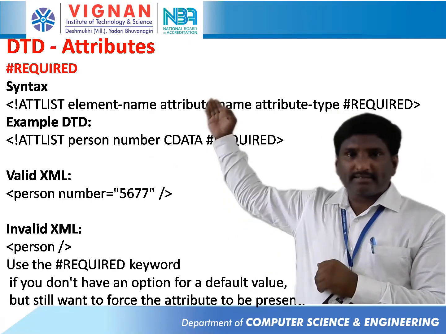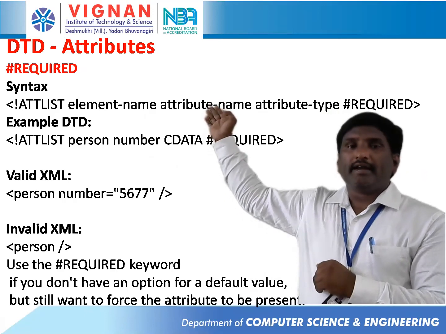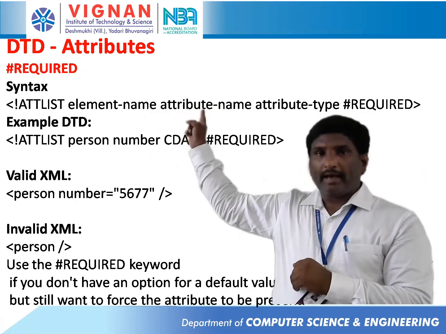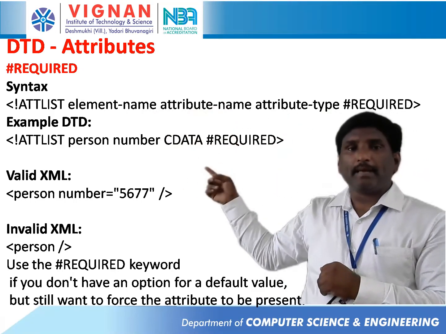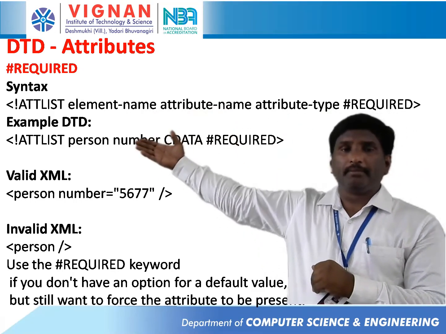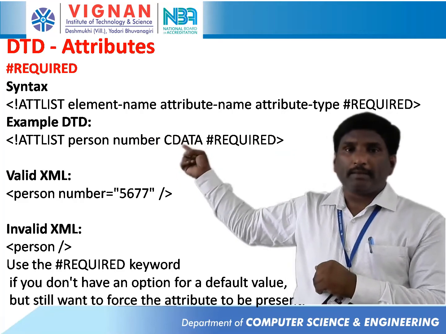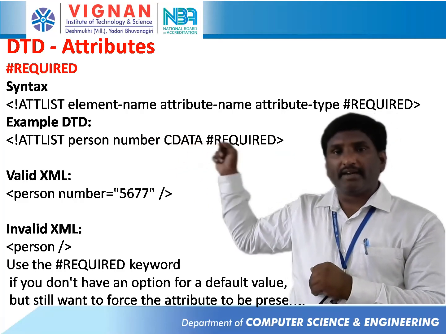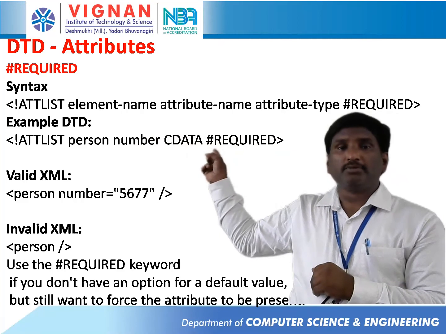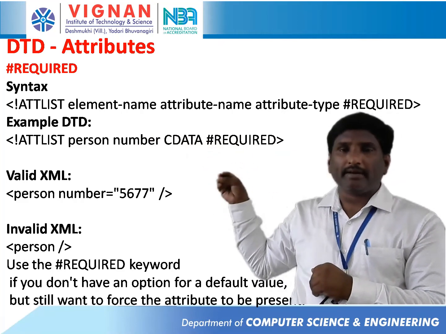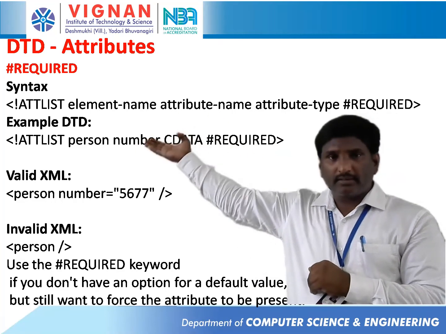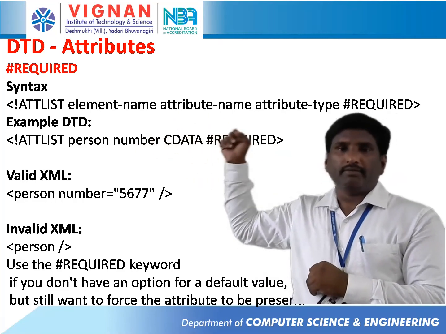And one more, #REQUIRED. The syntax to use #REQUIRED is: ATTLIST, element name, attribute name, attribute type, #REQUIRED. So this is the example. ATTLIST person, person is the element name, number is the attribute. For number the data type is CDATA, and that should be required. So if you write the XML element person, you should write the number value.